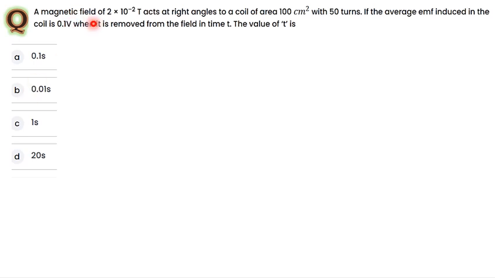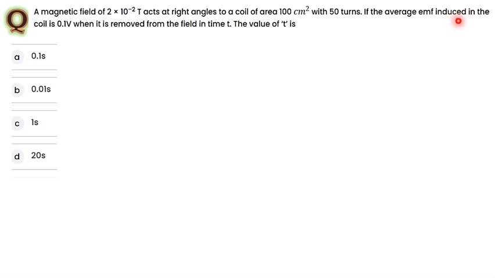The problem here is the magnetic field B value they have given, 2 into 10 power minus 2 Tesla, acts at right angles to a coil of area they have given, 100 centimeter squared. This one we have to convert to meter squared, that is 10 power minus 4, with the turns N value they have given.